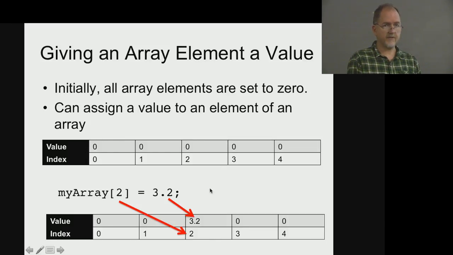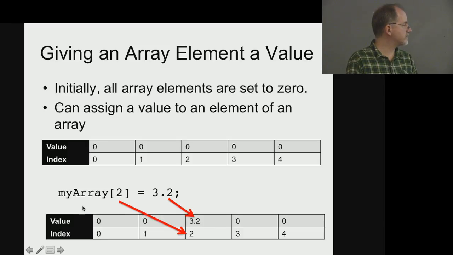If I wanted to give an element a new value, I can assign it. So here's the syntax for assigning a value to a specific location in an array. If I've created my array here, and at some point I made a new int array of size 5, then I can say at index 2 here, give it this value 3.2. So it looks here for the index 2 and puts in the value there.